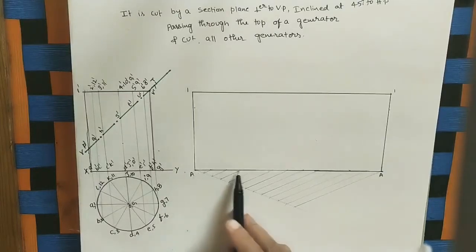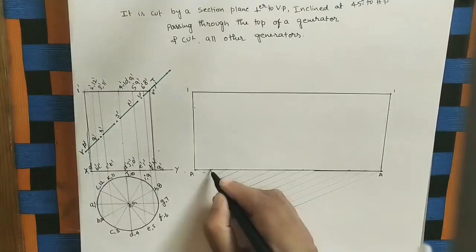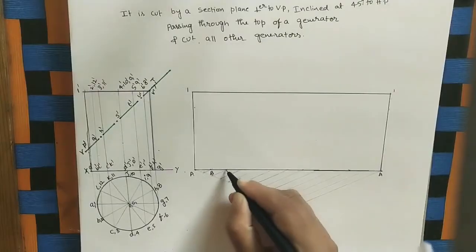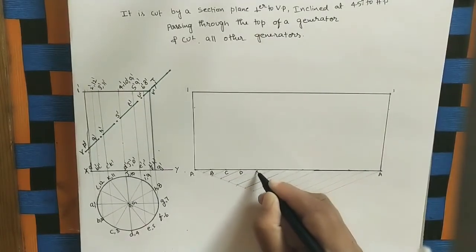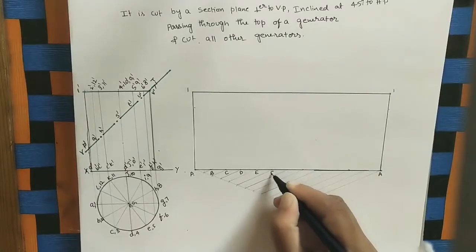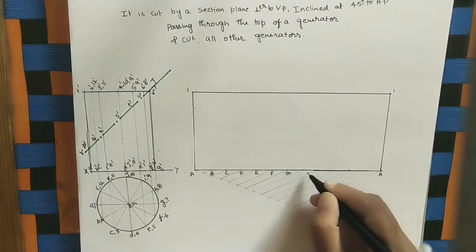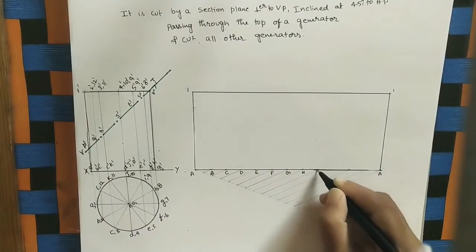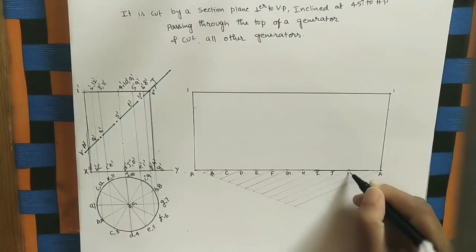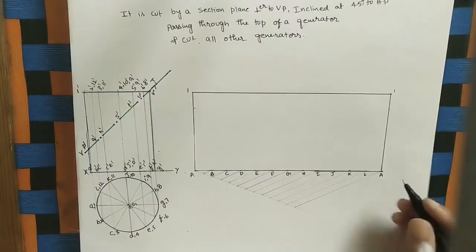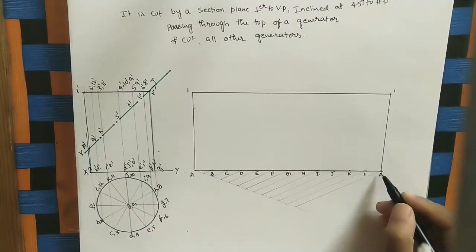So we have created A, B, C, D points like this. Here it is B, here this point is C, this point is D, E, F, G, H, I, J, K, L. Okay, this is the A point or G point.